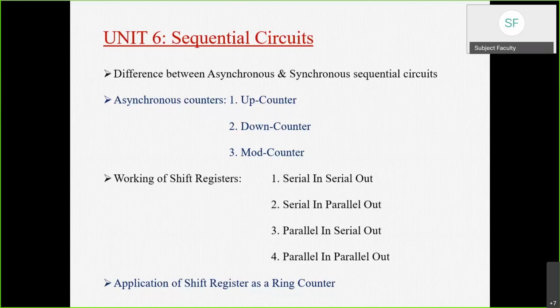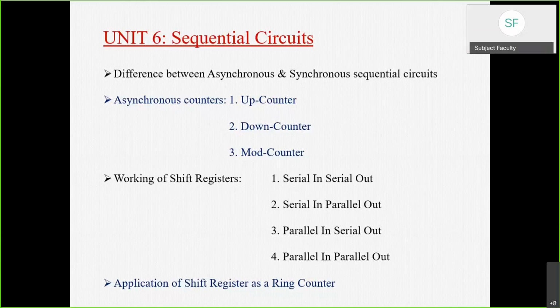So for the last couple of lectures, 3 to 4 lectures, we are discussing unit number 6, that is sequential circuits. So this is the outline of your unit number 6. We have already covered a few points such as the difference between asynchronous and synchronous sequential circuits, and also the asynchronous counter and up down counter. What is an up counter?